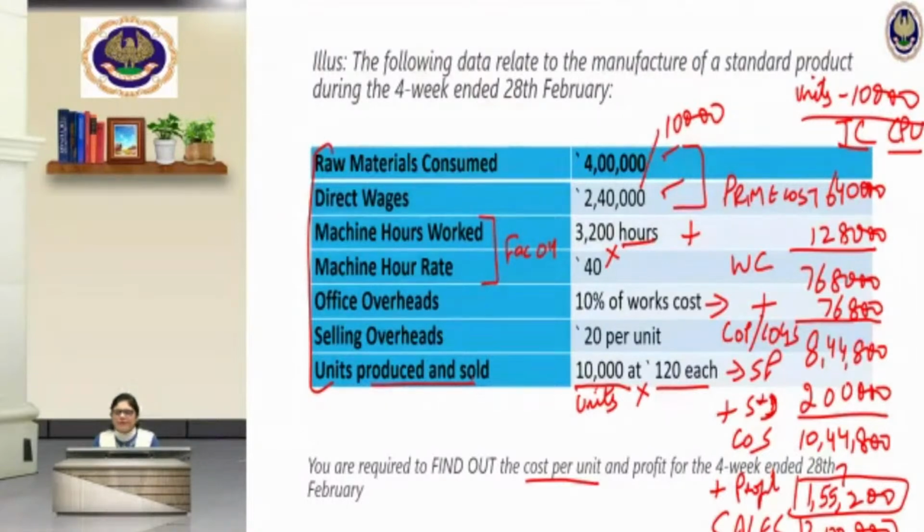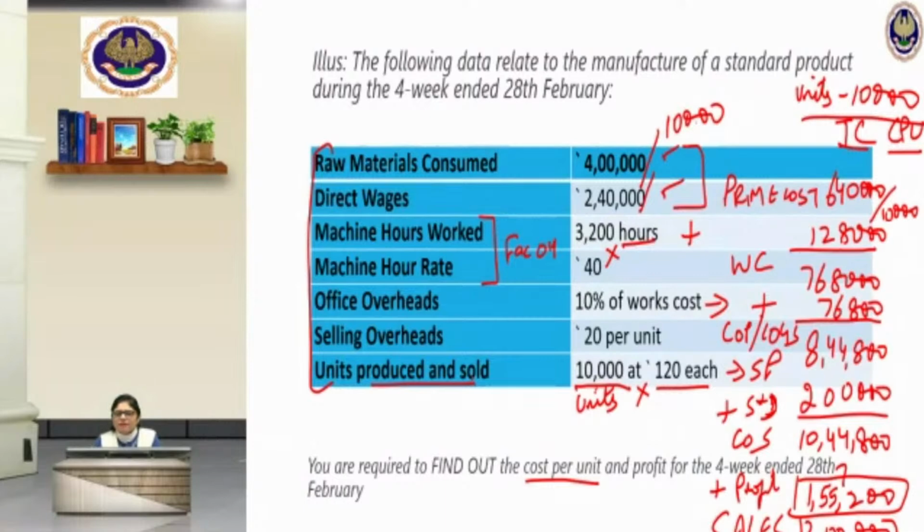So cost per unit for raw material, 4 lakh divided by 10,000. Cost per unit for direct wages, 2,40,000 divided by 10,000. Then prime cost is 6,40,000 divided by 10,000 will get your CPU.